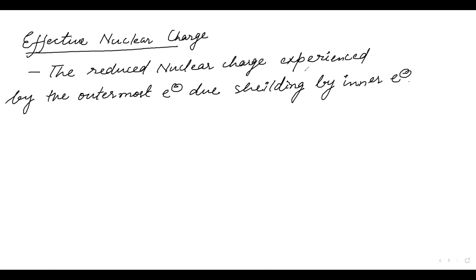Now what does this mean? There are a few terms: nuclear charge, shielding, and the other terms, whose meaning you know very well. We will explain what nuclear charge is, and also what shielding is. We will take the example of sodium.